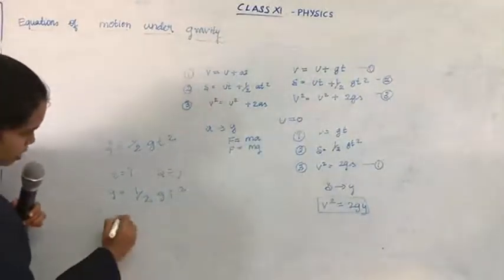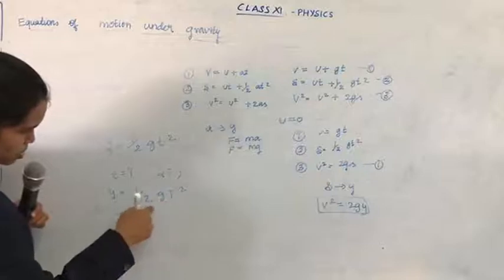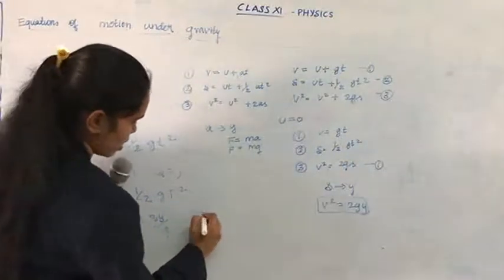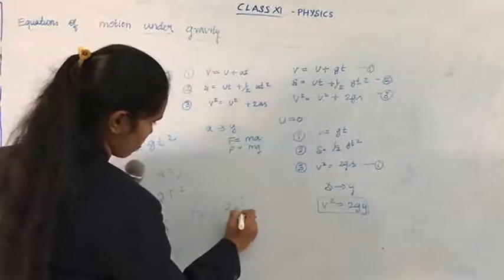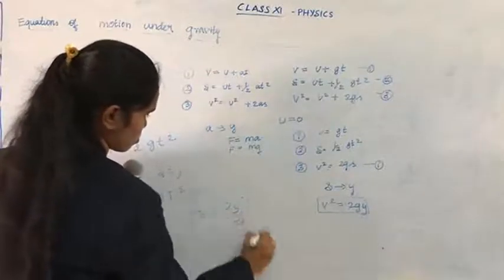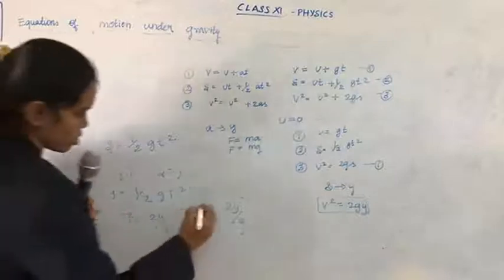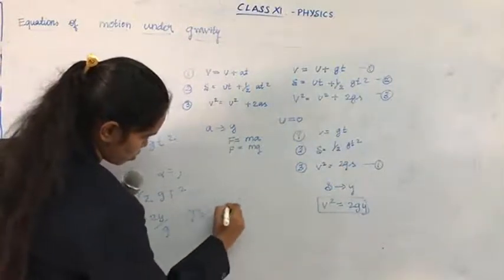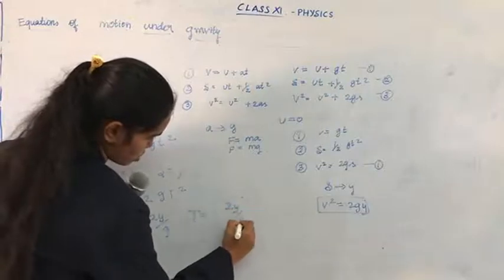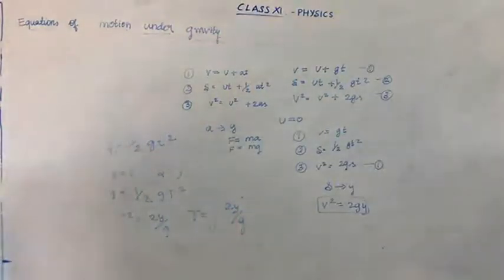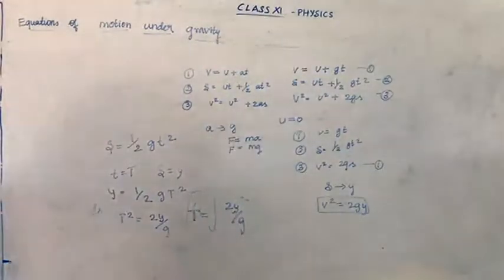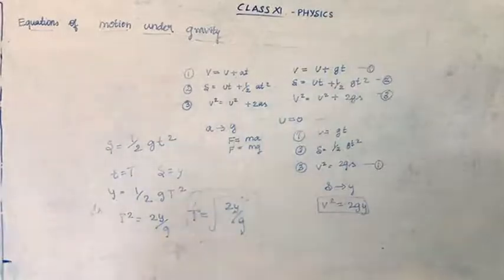Now T square equals 2Y by G, so T equal to root of 2Y by G. Are you seeing clearly? These are the equations of motion under gravity. Children, have you understood?